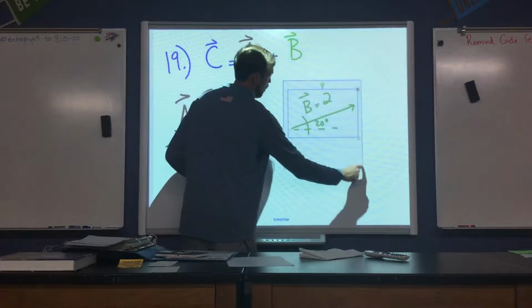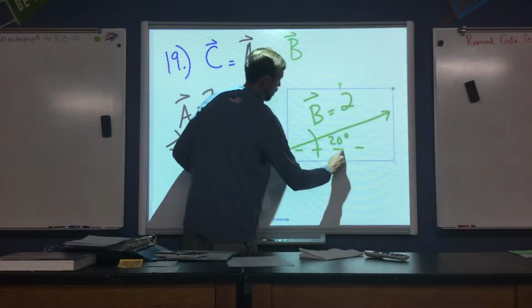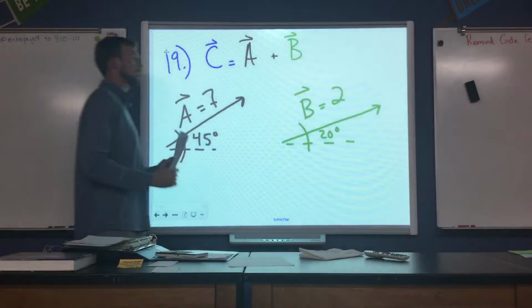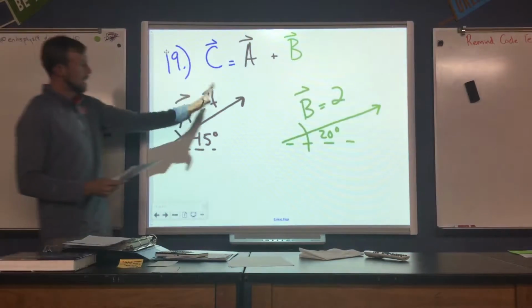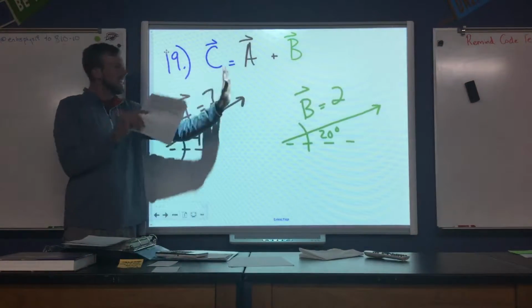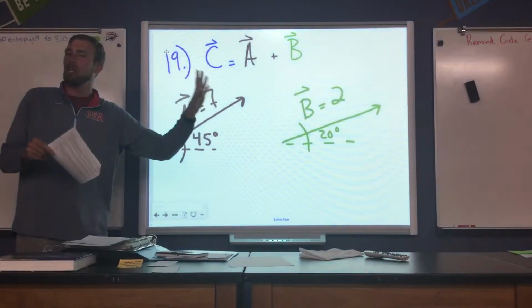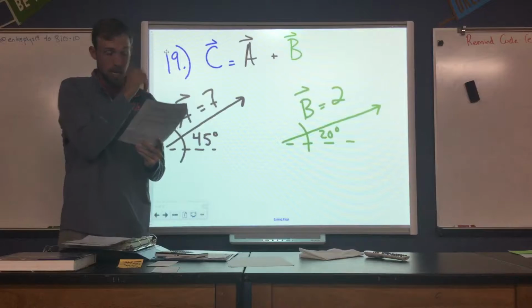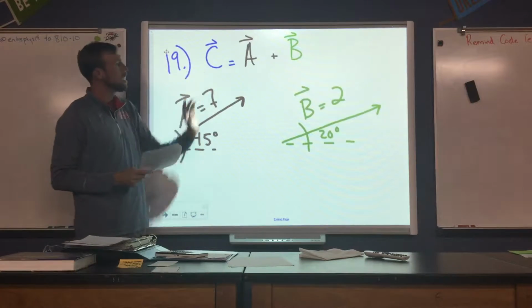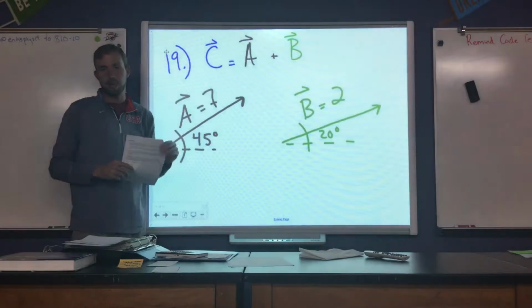And vector B. Okay, so we have vector A and vector B. Now obviously 7 should be longer than 2, but just so the 2 is not really small, we can see it well, and I'm just going to draw it here. So these are not drawn perfectly to scale. So we want to define vector C such that we add A to B.